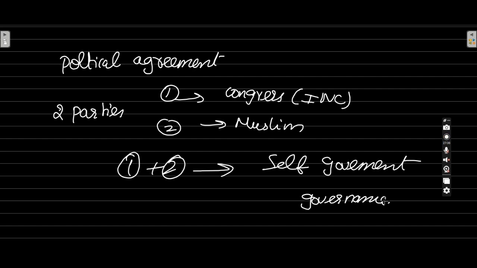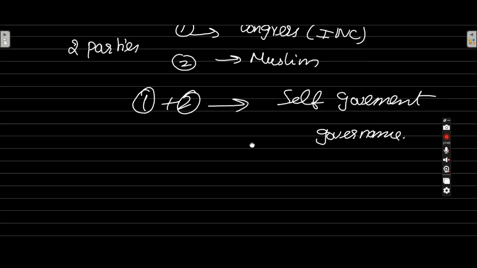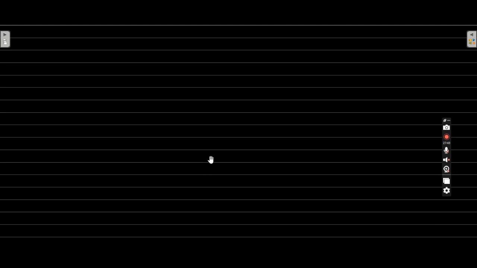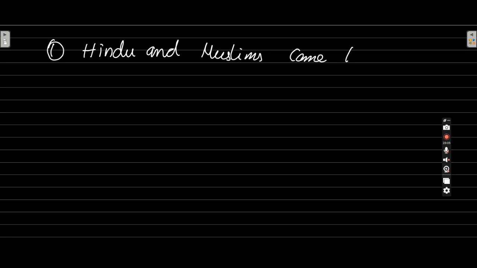Okay, so let us explain the key features, the important positive as well as negative things that happened during this Lucknow Pact. Okay, let's start. One is Hindus and Muslims came together. So this is one of the important things.